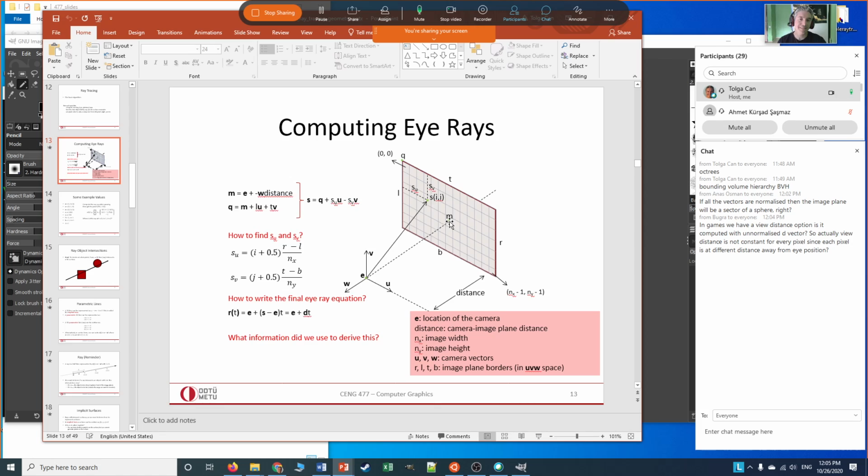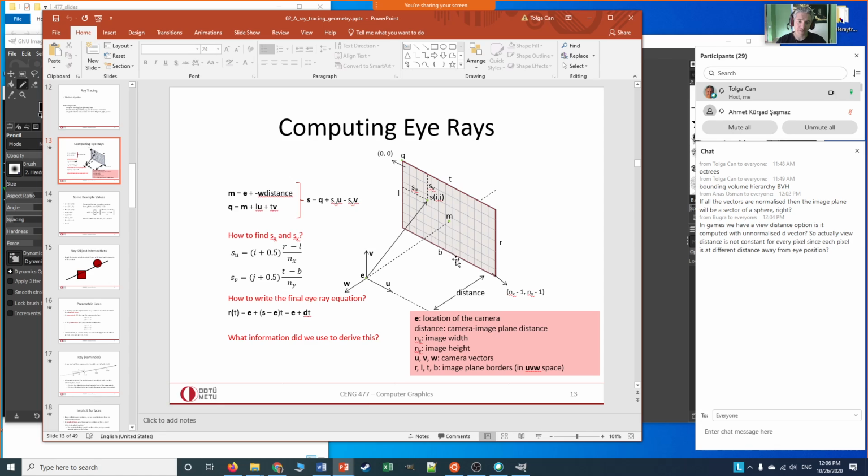Sometimes it's called the distance to the near plane, because the other algorithm that we are going to see in the second half of the course will be using a cutout pyramid shape that extends here, and it has a near plane and a far plane. The view distance is the distance of the near plane to the eye vector. As I said, it's not constant for every pixel to the eye position.